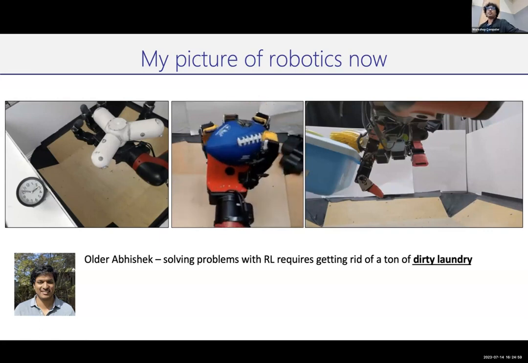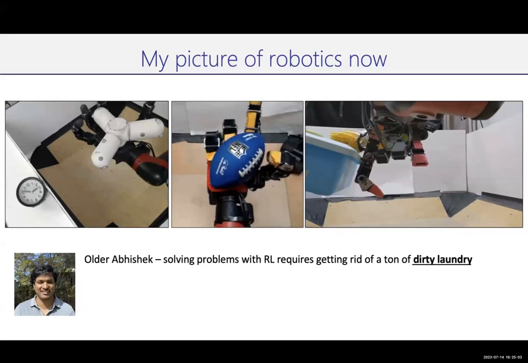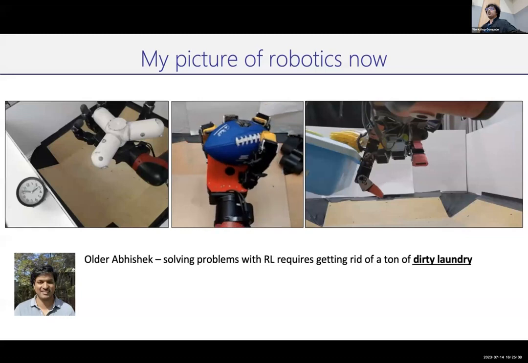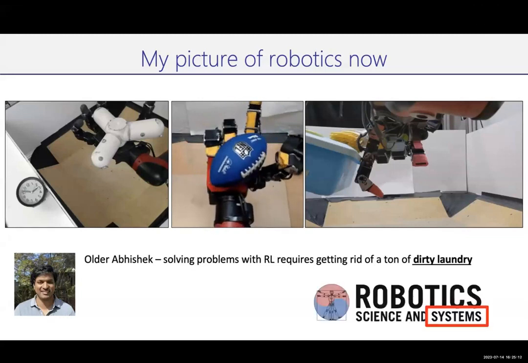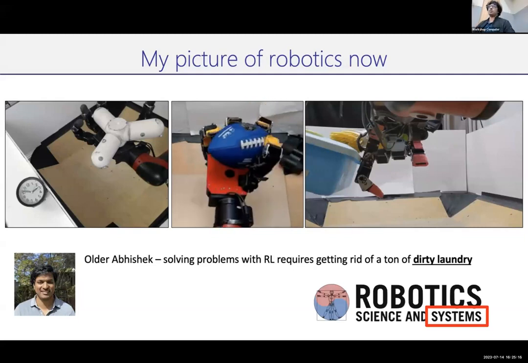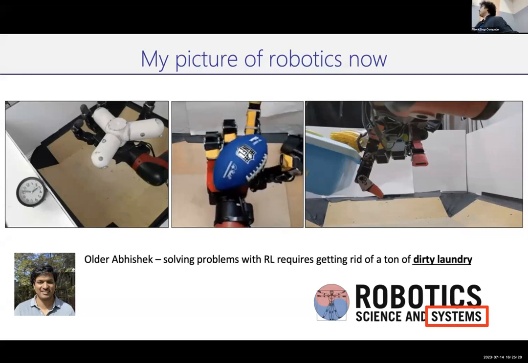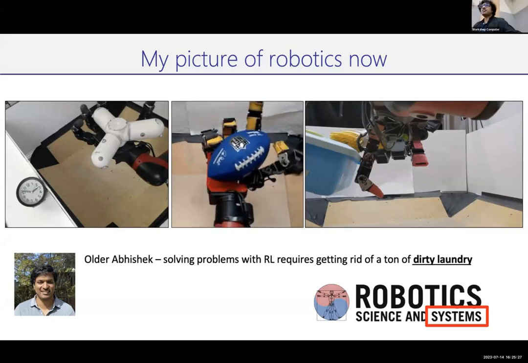So I thought it'd be fun to make a talk purely about dirty laundry. What I mean by that is taking a look behind each of these videos, trying to see where we're cheating and what we can do to do less of that. Since this is a conference on robotics science and systems, this is going to be mostly a systems talk about the algorithms that we needed to develop to build these systems. Okay, does the premise make sense?